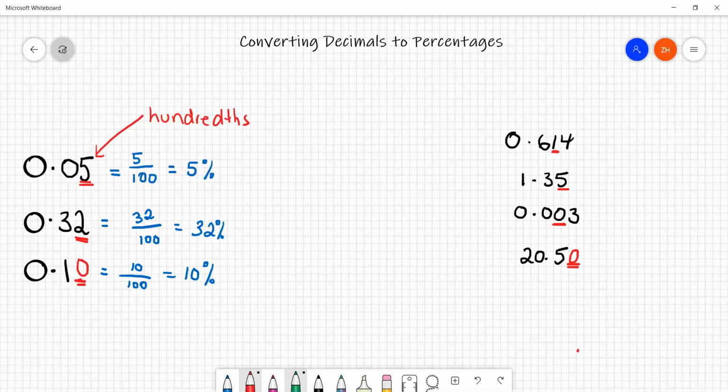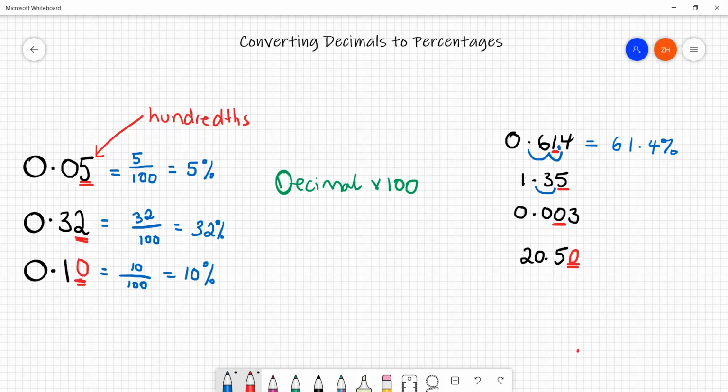What we're going to do is take the decimal and multiply it by 100, just like we did when we were doing the fractions. To multiply a decimal by 100, another way to do that is to move the decimal point 2 places to the right. So with this one, we're going to have 61.4%.